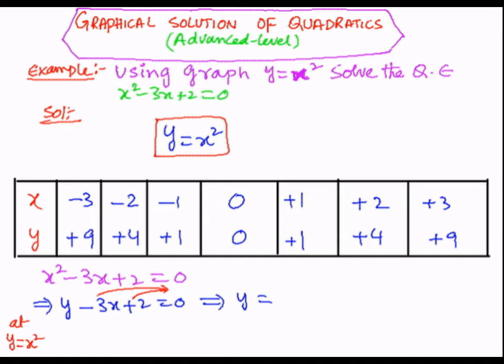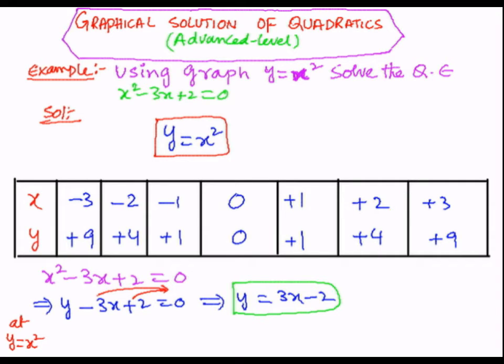When minus 3x is transposed to the right hand side, it becomes plus 3x, and plus 2 becomes minus 2. So in this manner I got y equals 3x minus 2. In a similar manner I am going to assume the x value as minus 3, then minus 2, minus 1, and so on.